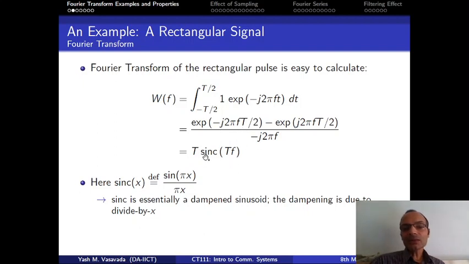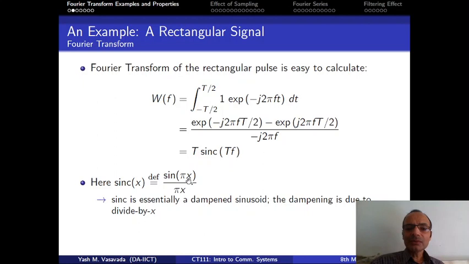So this is called the sinc function, and it is actually pretty much like a sine function, which is this numerator part, but it is not a simple sine function because of this denominator which varies with x. In fact, it is a damped sinusoidal function, and this damping is happening because of this divide by x operation.